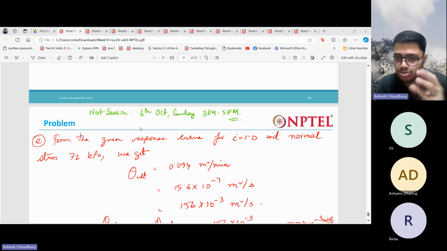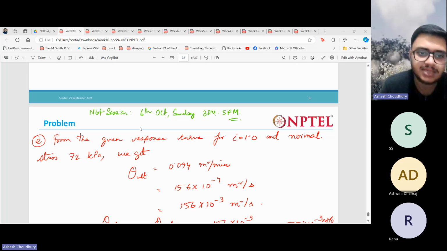This part you should put a little bit more effort. The design part regarding your reinforced earth wall is a little bit technical, so you should put more effort in that.